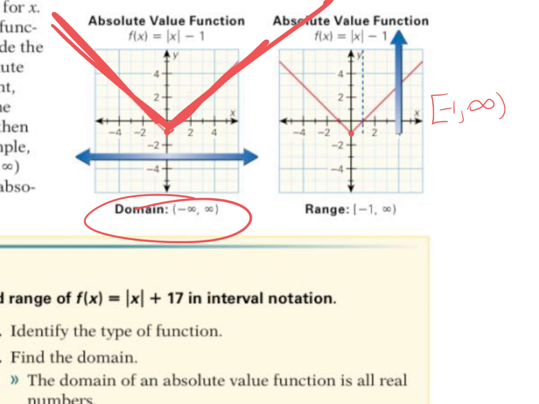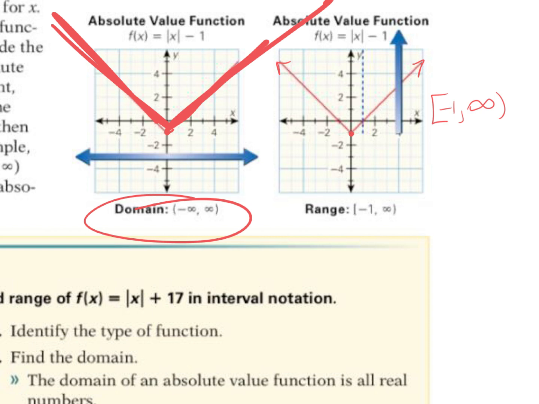We're looking up and down. We're following because the arrows go like this. You're not always reading left to right. Not for range. For range we're thinking up and down.